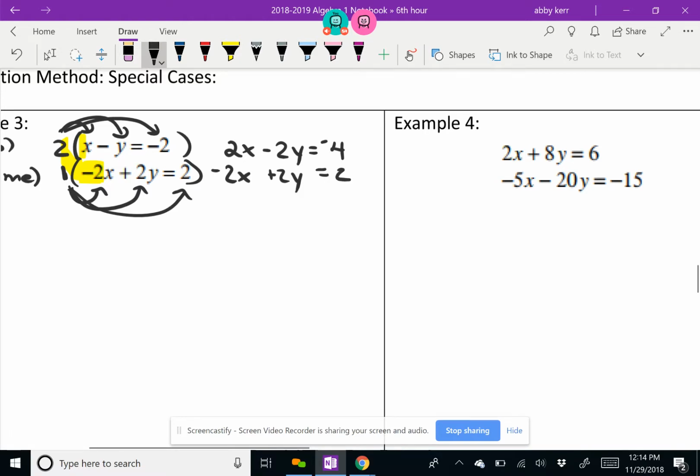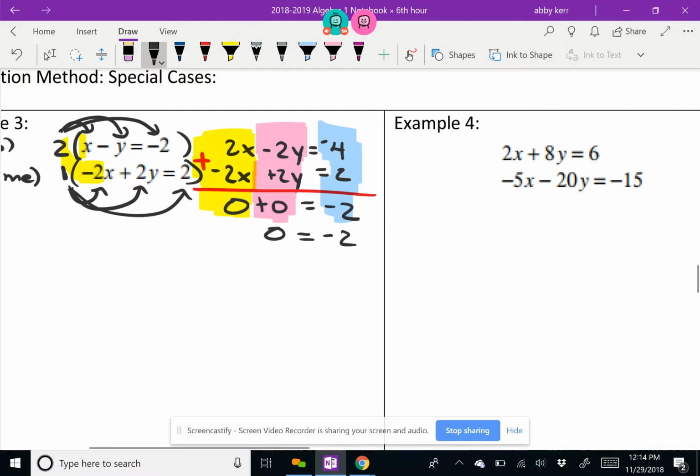The third step of that flow map is add equations. So now we have 2 equations that can eliminate. We can do that because we have opposites. 2x plus negative 2x is 0. The negative 2y plus 2y is another 0. The negative 4 plus 2 is negative 2.